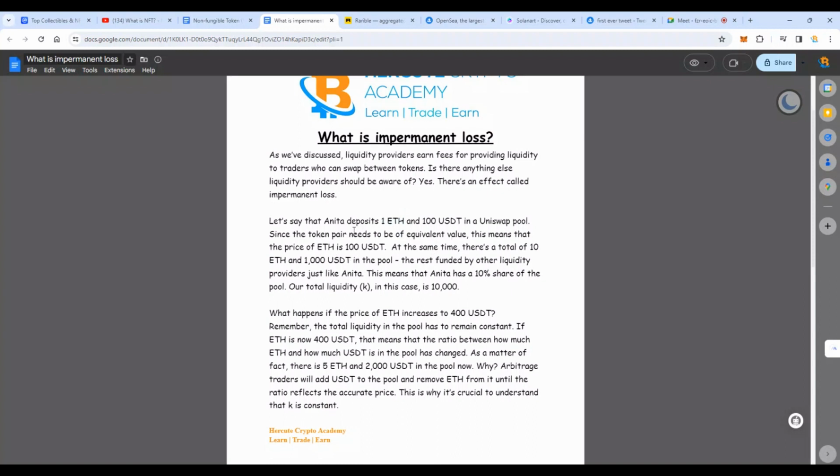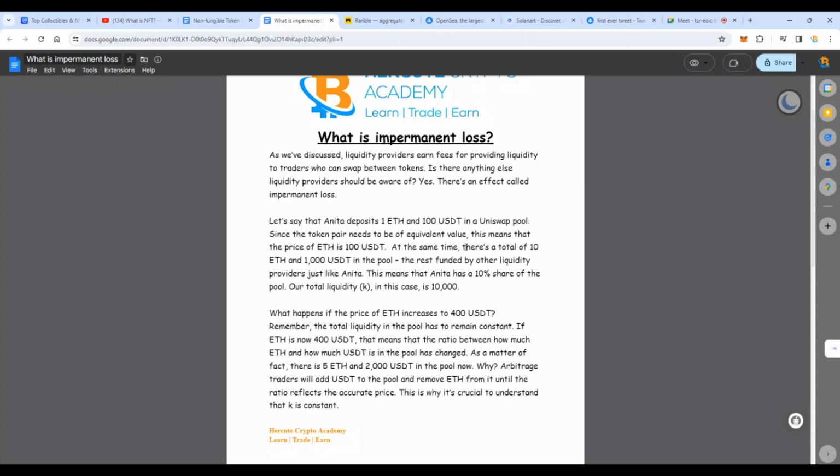So since the token pair needs to be of equivalent value, this means that the price of 1 ETH is 100 USDT. Now at the same time, there's a total of 10 Ethereums and 1000 USDT in the pool.